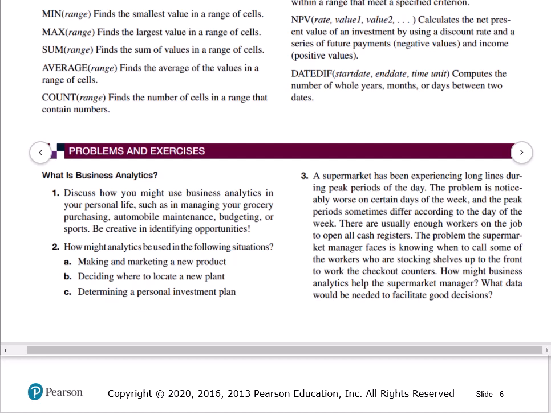A predictive model can be developed to forecast customer demand, let's say 30 to 60 minutes in the future. Whereas a prescriptive model might be developed to find the number of checkout counters to open to ensure reasonable wait time or maximize customer throughput.